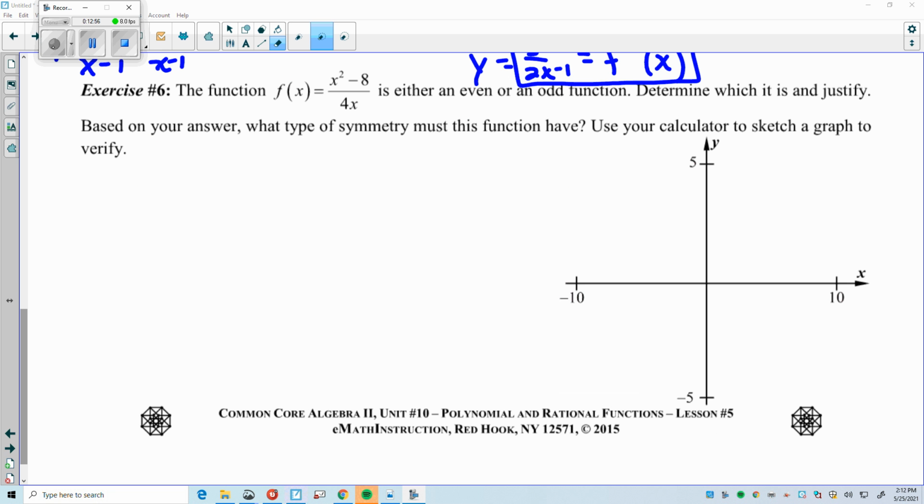For our last one, we're trying to decide if it's an even or an odd function. So let's just do a quick review here. If it's even, that means our original function is the same as when I put in a negative x. Maybe another way we could say it is opposite inputs gives same outputs.